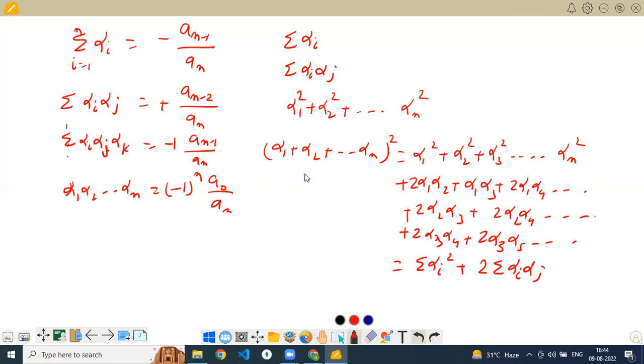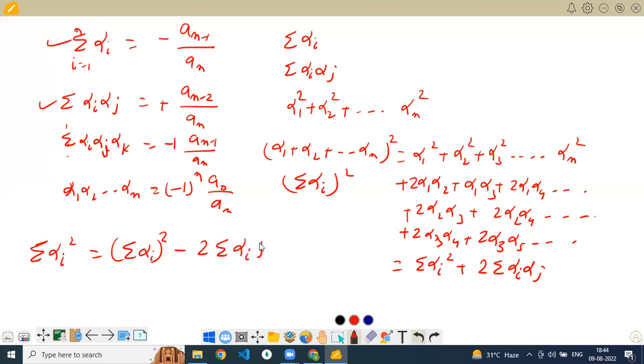Now we already know this is what? This is summation of alpha i whole square. You know what is summation of alpha i? You know what is summation of alpha i alpha j? So we can write summation of alpha i square is equal to summation of alpha i whole square minus twice summation of alpha i alpha j.